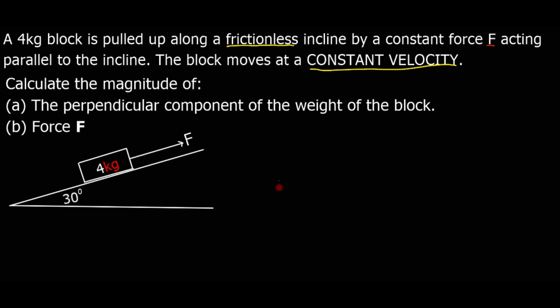In this question we need to calculate the perpendicular component. We know the perpendicular component refers to this one, which is FG perpendicular, and we know FG perpendicular is equal to mg cos theta. So finding the perpendicular component, FG perpendicular equals mg cos theta.